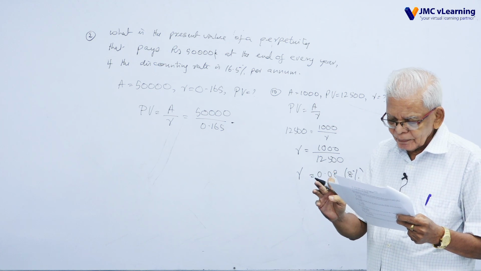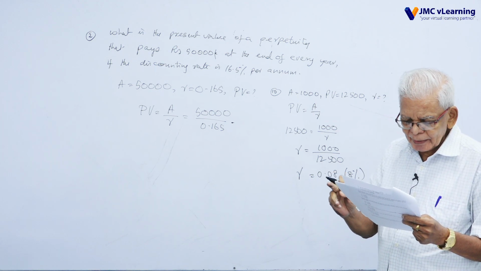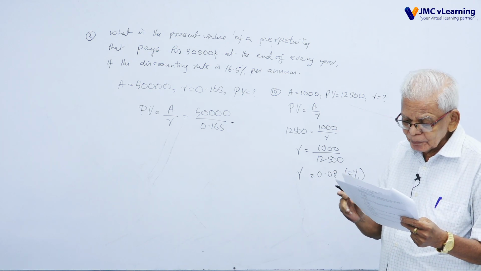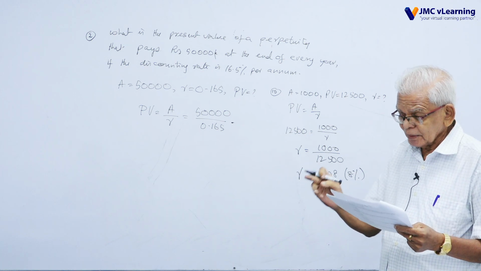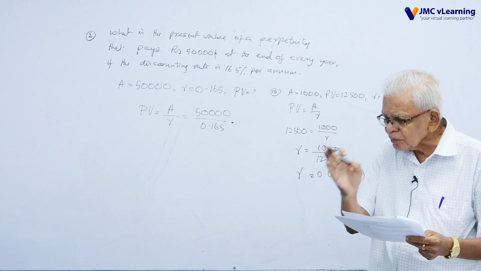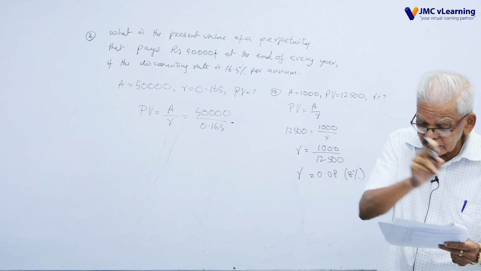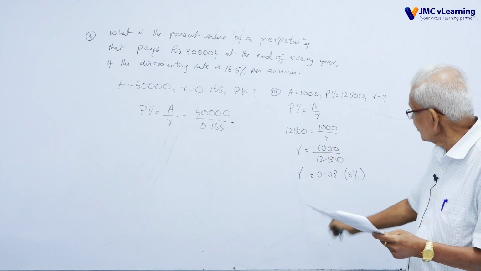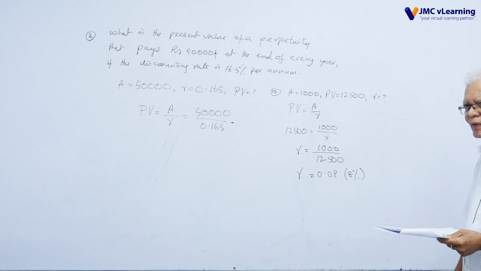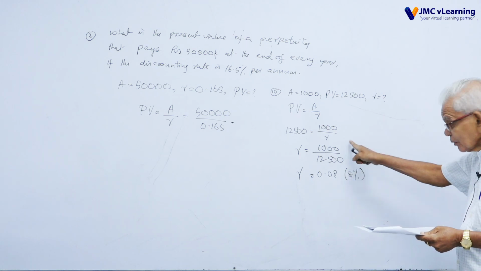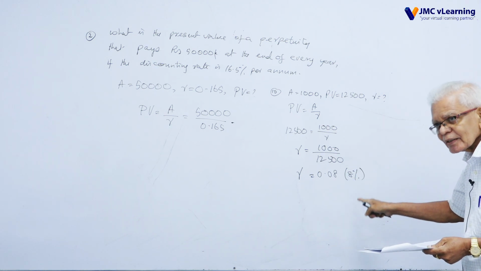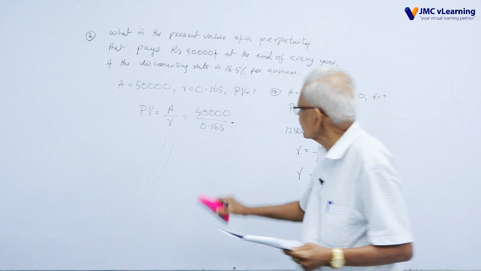Then what is the present value of an annuity of 1000 received over 10 years? Now somebody is getting 1000 rupees at the end of every year for 10 years, at the same discounting rate. So we find the discounting rate first, then take that rate and find the present value.